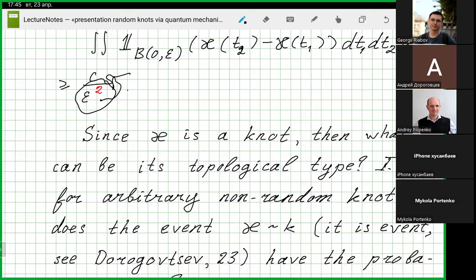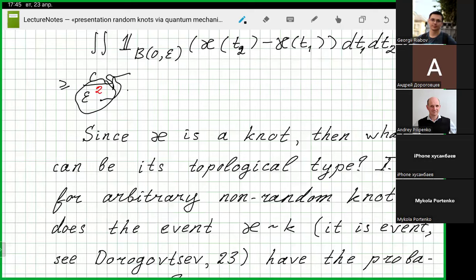Because for the partial model which I proposed at this seminar a year ago, I was able to prove that gamma t can have an arbitrary topological type with positive probability.